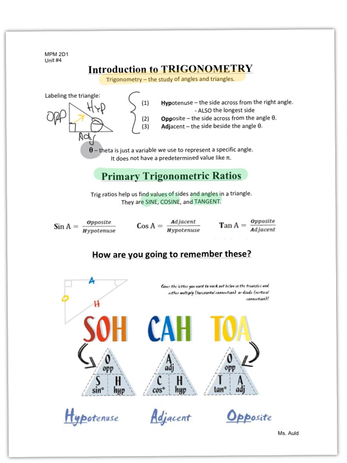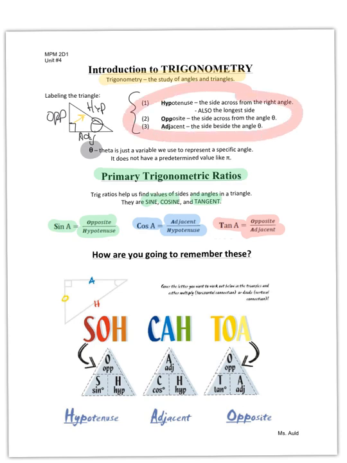It just depends on what you're given. So when we're given the opposite and the hypotenuse, then we're going to use sine. When we're given the adjacent side and the hypotenuse, we're going to use cos. And if we're given the opposite and the adjacent side, we will use tan. And that all depends on what's given and how we label our triangle up here.